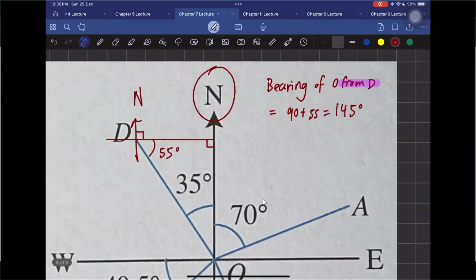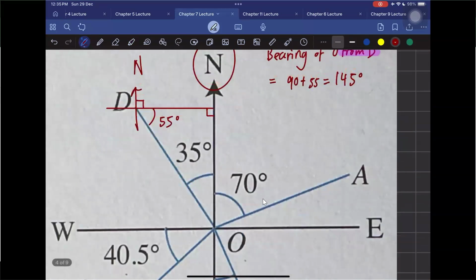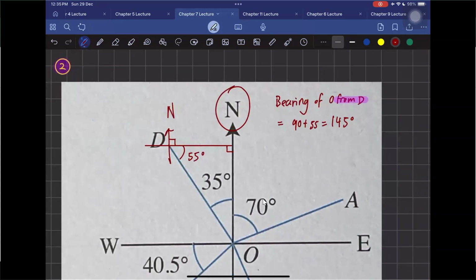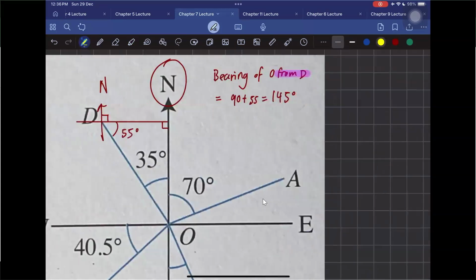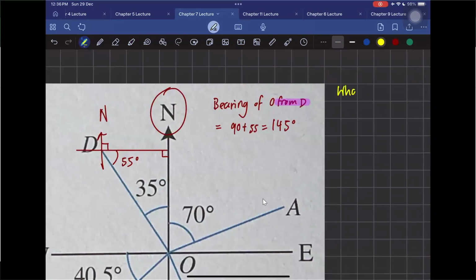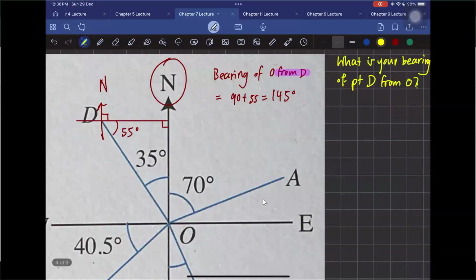Okay. So if I ask what is the bearing of D from O, let me write it down. So if I ask you what's the bearing of D from point O, you should draw your north pole at point O, which is already drawn.